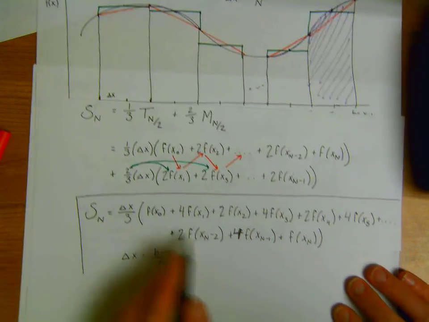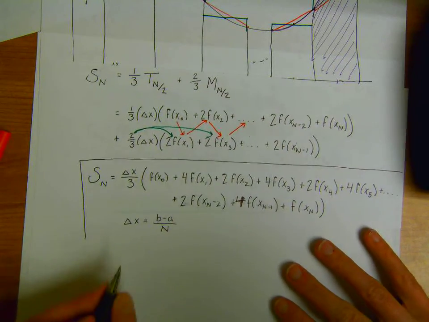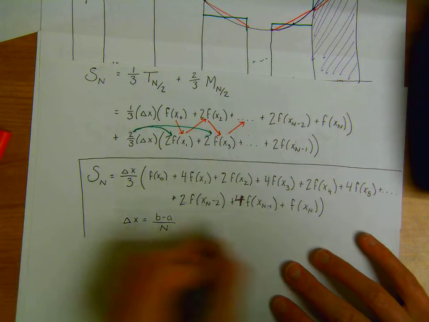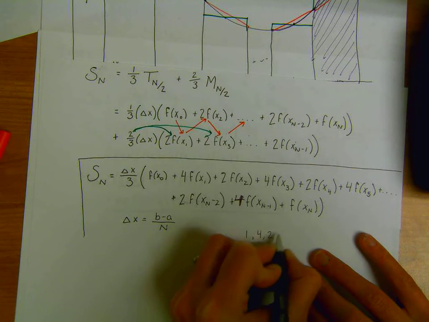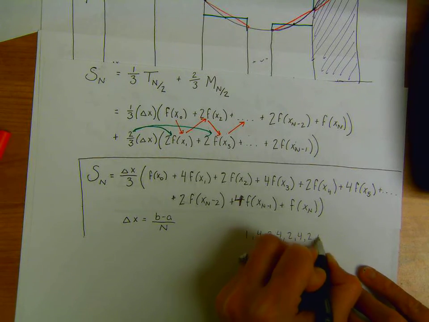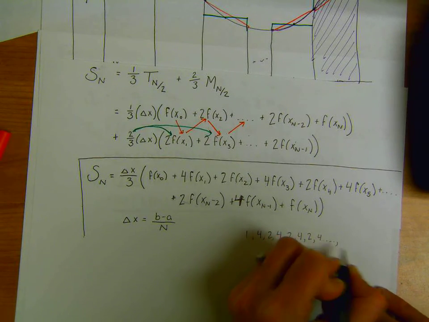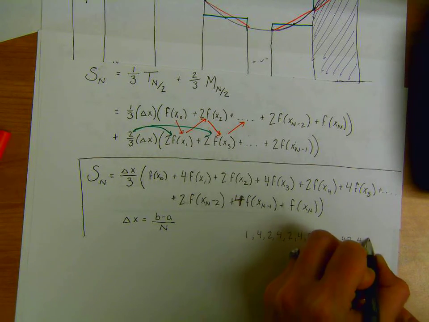So the thing to keep in mind when looking at this formula, it may seem like a mess right now, but when I think of it in my head, it's 1 copy, then 4 copies, 2, 4, 2, 4, 2, 4, 2, 4, 1.